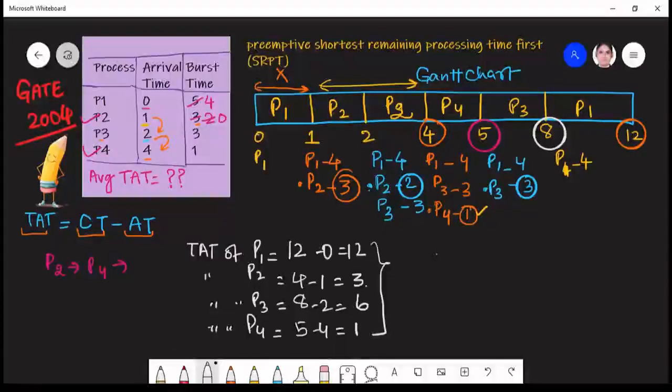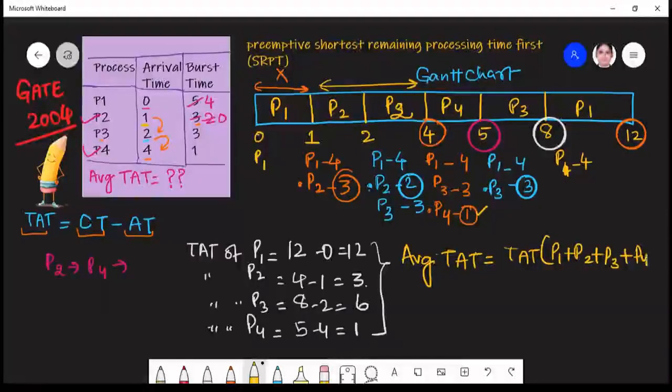Now we have to find out the average turnaround time, and for that we will simply write: average turnaround time is going to be the turnaround times of P1 plus P2 plus P3 plus P4 upon the total number of processes, that is 4 in this case.